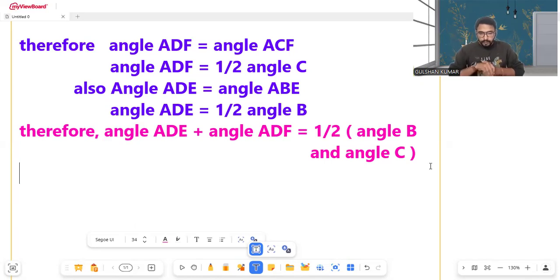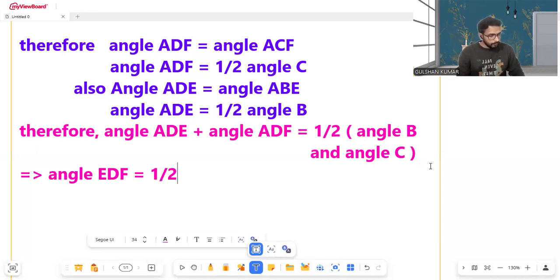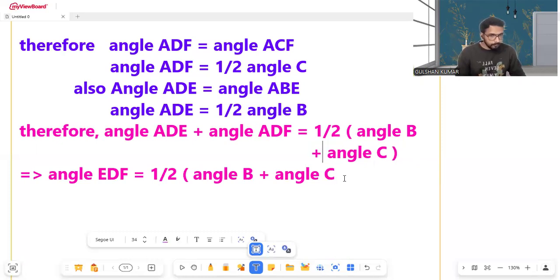See? So this implies that angle EDF will be equal to half of angle B plus angle C. This one.